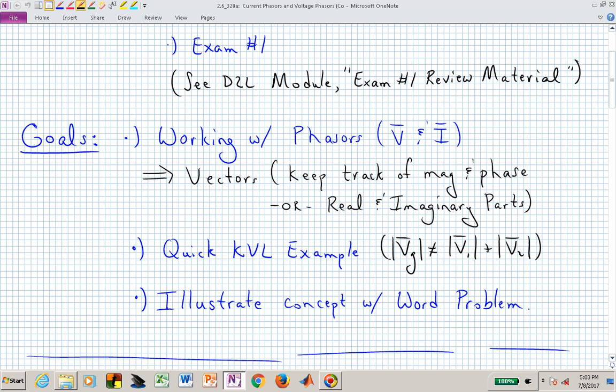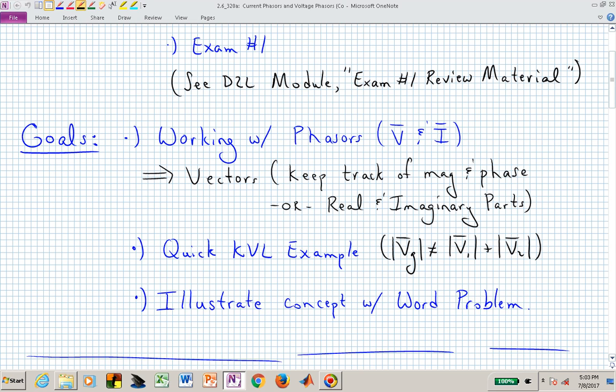We can't just be worrying about magnitudes. And we'll do that by looking at a quick KVL example to illustrate that in a series circuit, the generator voltage magnitude is not necessarily going to equal the magnitudes of the voltage drops across two of the reactive elements.